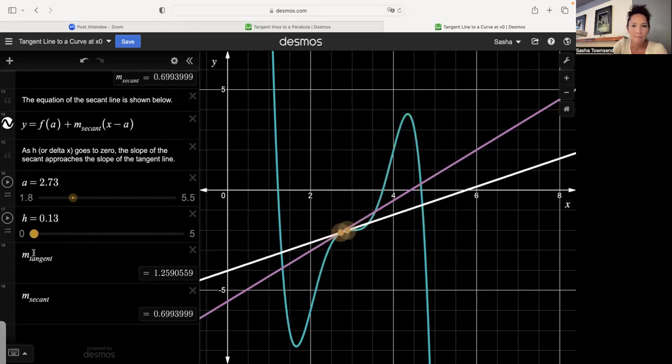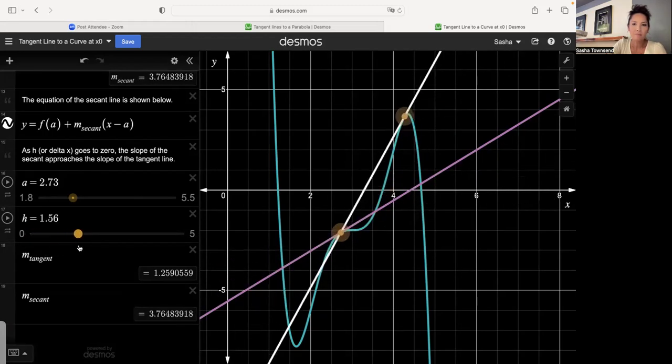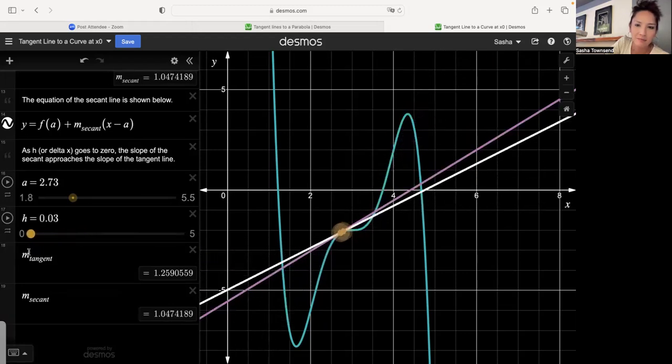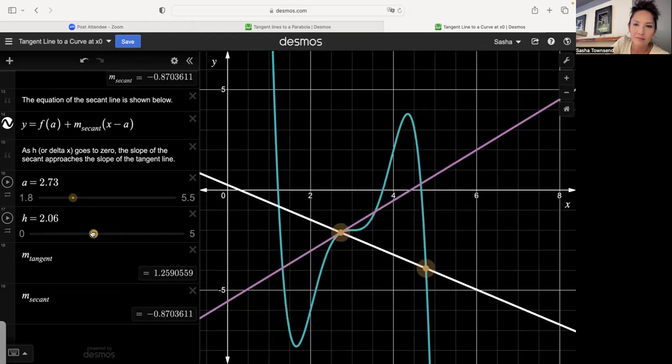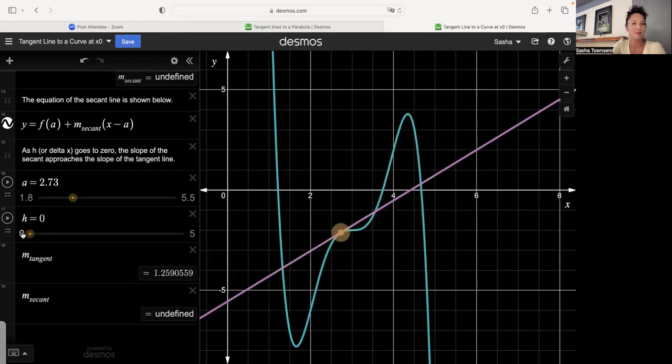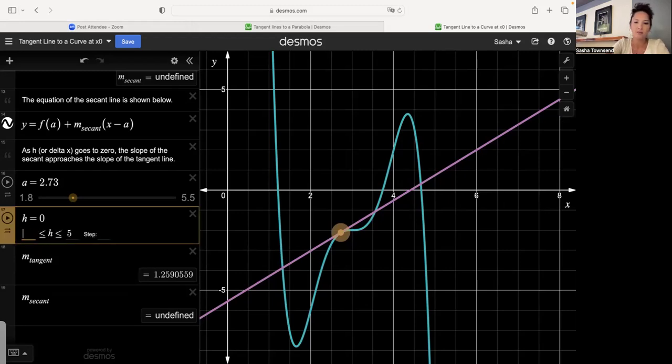But the secant line always passes through that point a, f of a, and then some other point. We can let h approach 0 and we get that. Now, if we wanted to, we could also let h be negative because we could subtract h as well.